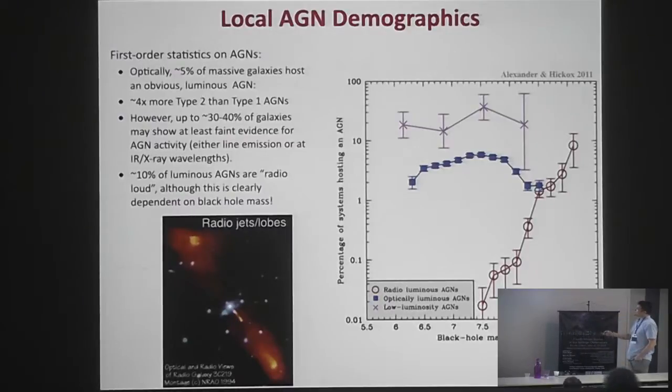And so for some reason, radio loud AGN only exist around big, massive black holes. There are a couple of reasons that this could be. One is, say you make a black hole and you start to feed it. As you're feeding it, the accretion is spinning it up.